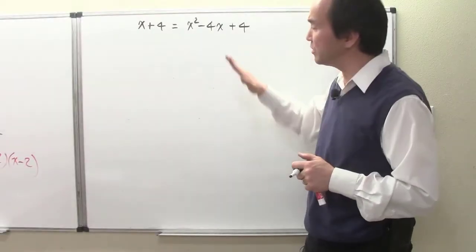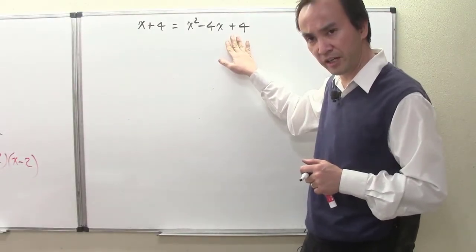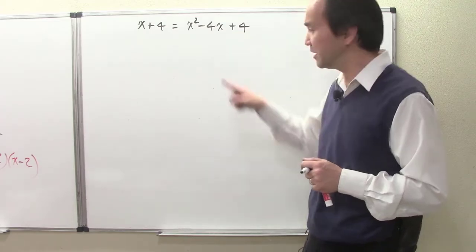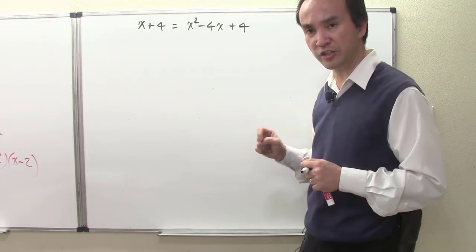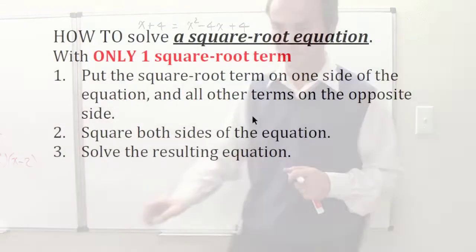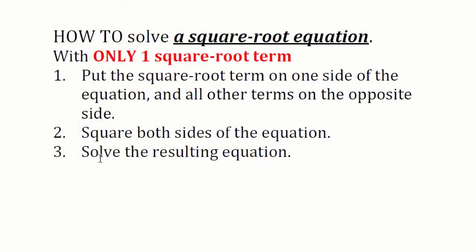All right, and so now with the resulting equation, let's take some time solving that resulting equation. This is exactly what's being instructed in step 3 of our instruction. Step 3 says, let's solve the resulting equation after squaring both sides of the original equation.